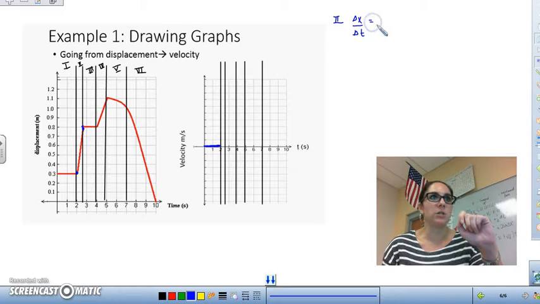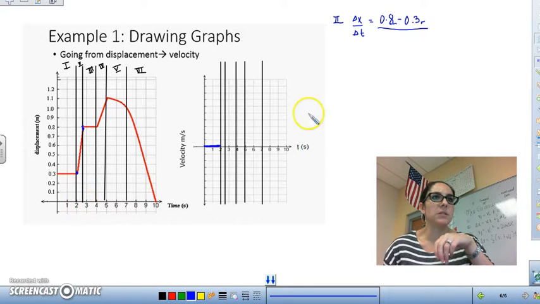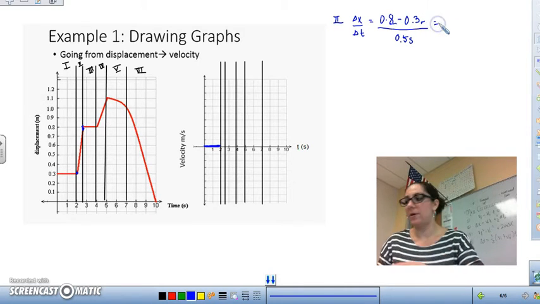My change in position: I go to 0.8 and I started at 0.3. These are in meters. And my change in time, you can see, is half a second, so 0.5 seconds.